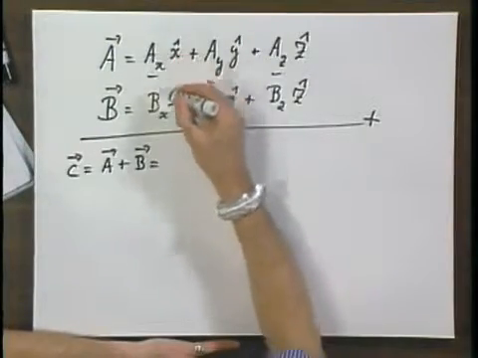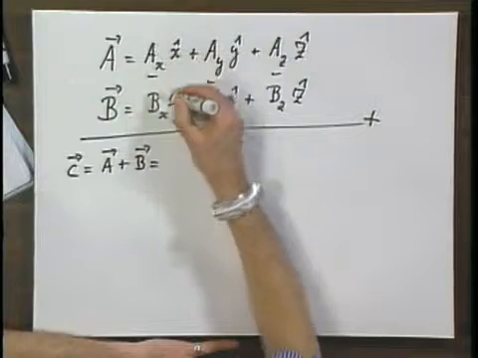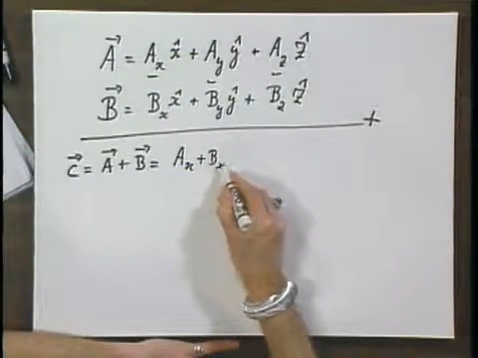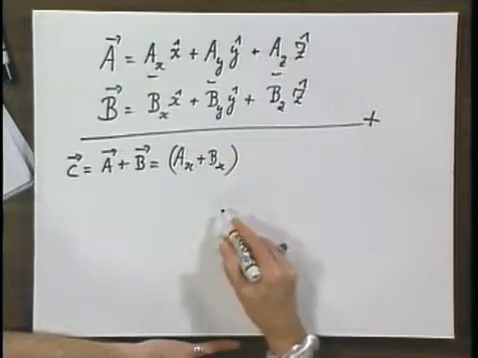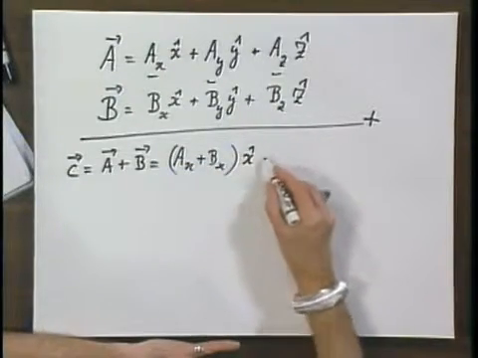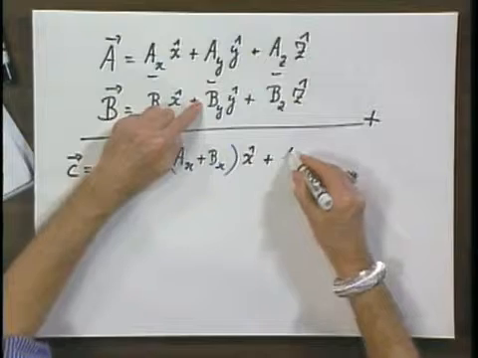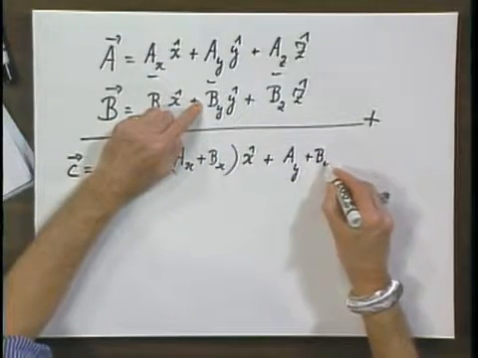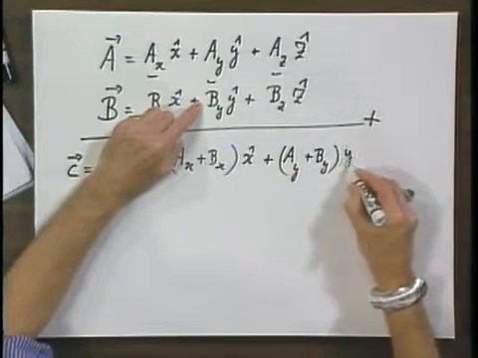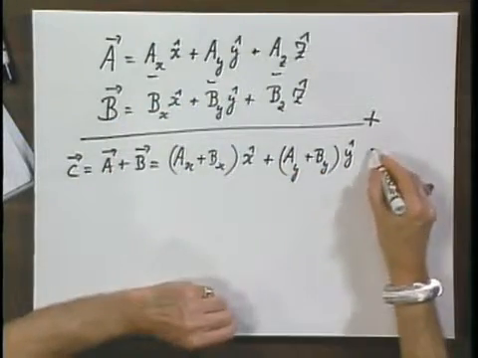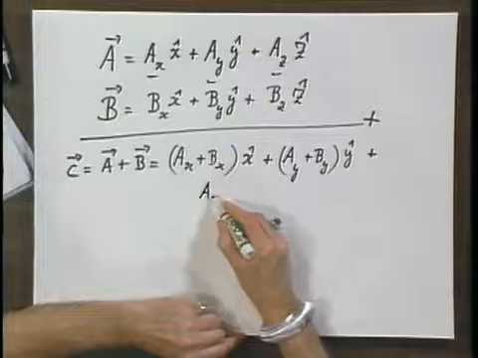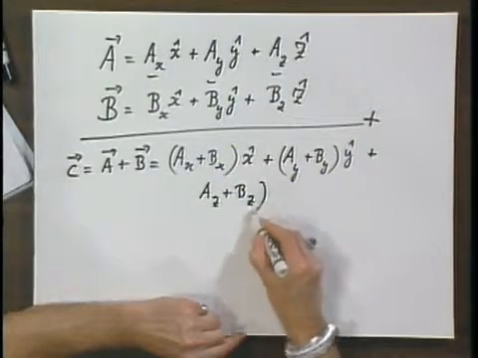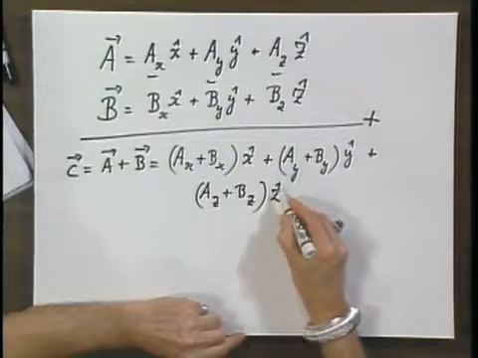I add the x components of a and b, and that's the new component in the x direction. I add the y components, a of y plus b of y, y roof, plus a of z plus b of z, z roof.